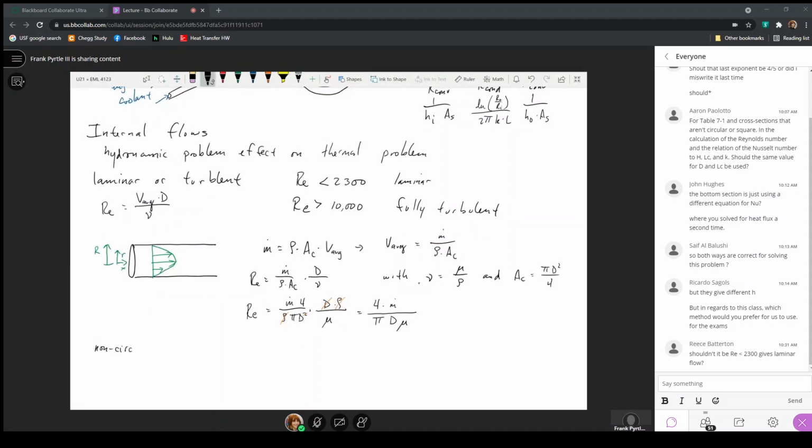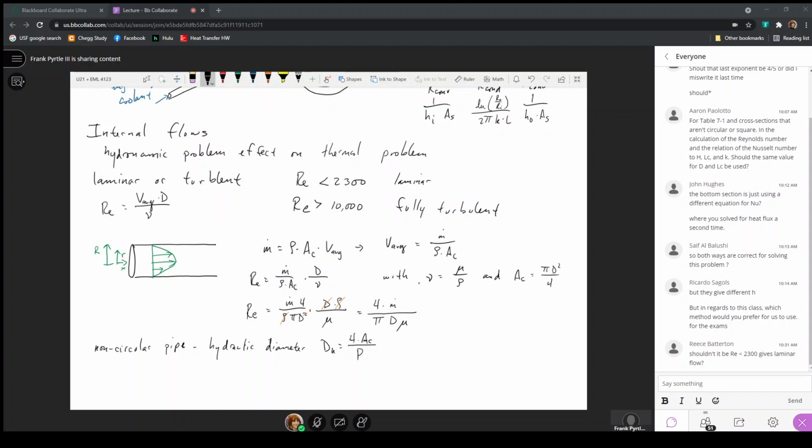For non-circular pipes, we define what is called the hydraulic diameter, so that the hydraulic diameter, D sub H, is just 4 times the cross-sectional area of the pipe divided by the perimeter.